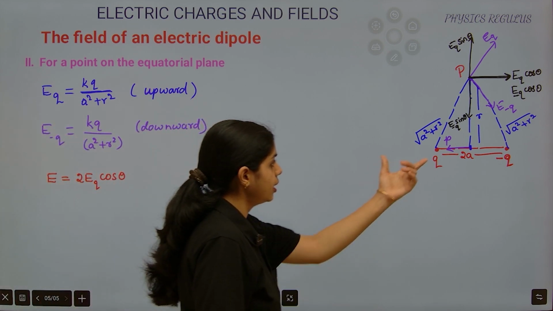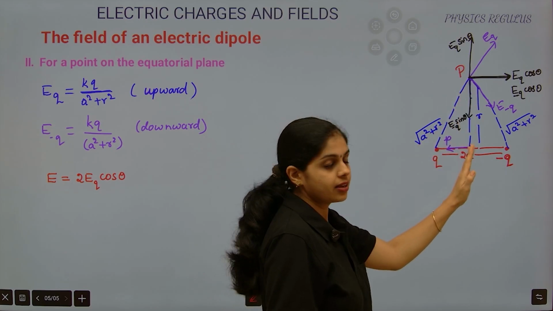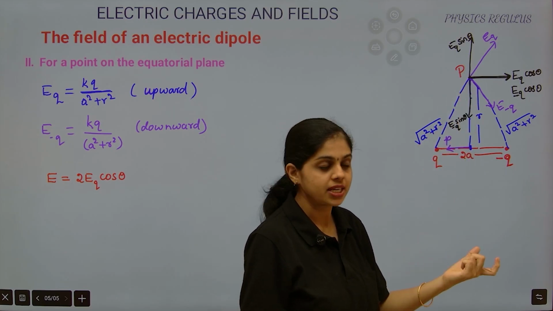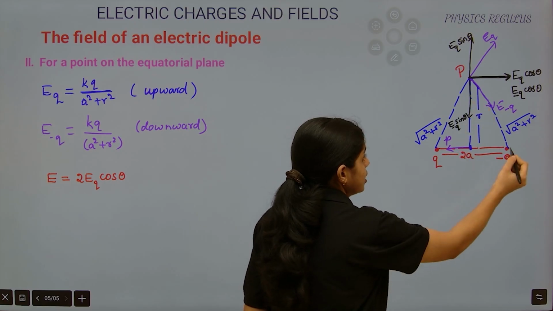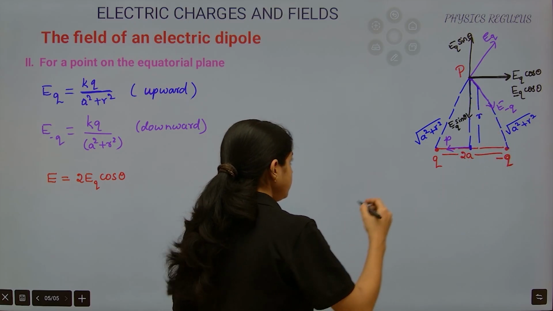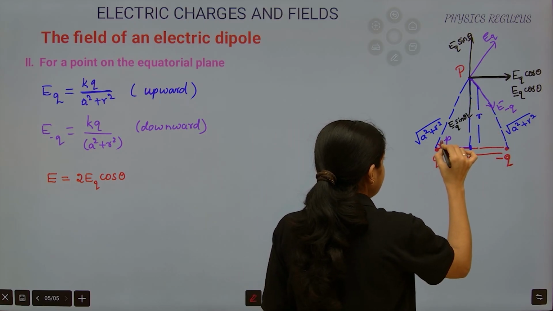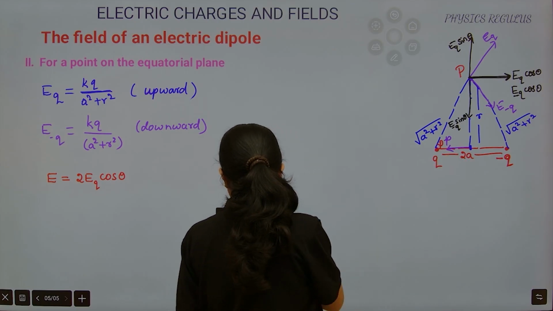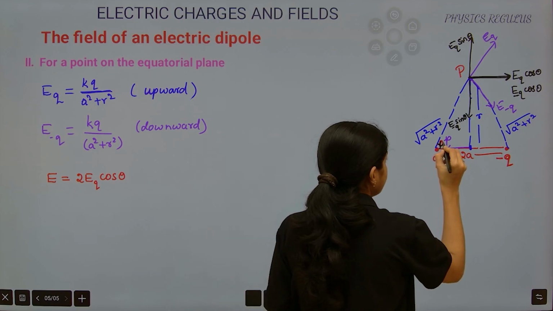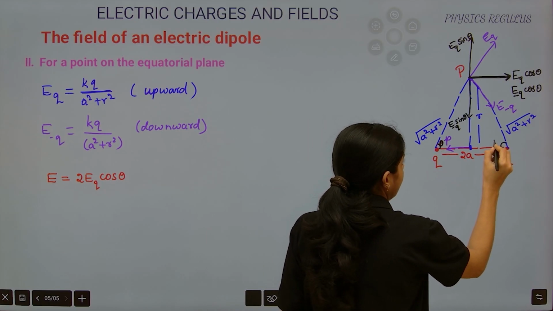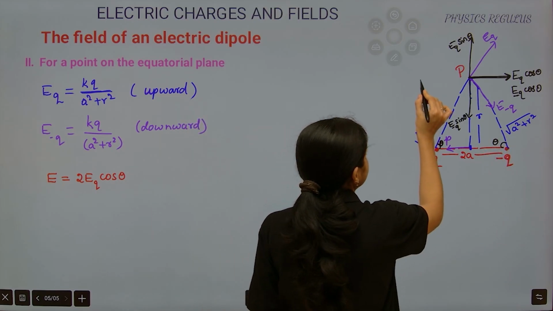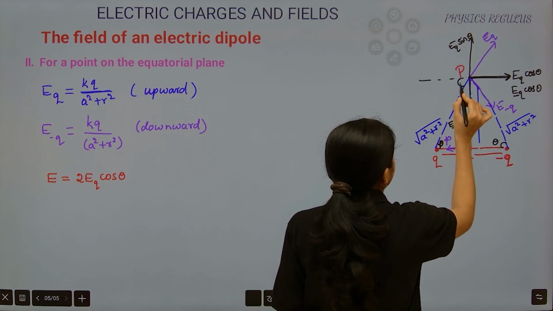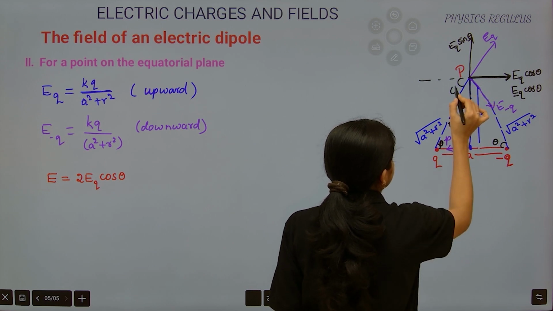What is cos theta here? Since this line is perpendicular bisector of the axis of the dipole, it forms an isosceles triangle. Suppose this angle is theta. This angle also will be equal to theta. And extend this horizontal line, you will get alternate angle, that is theta.